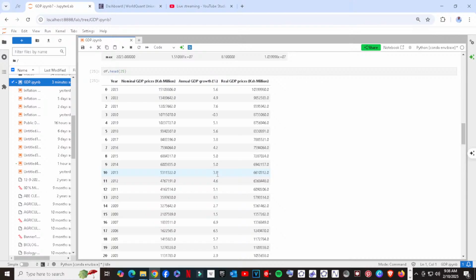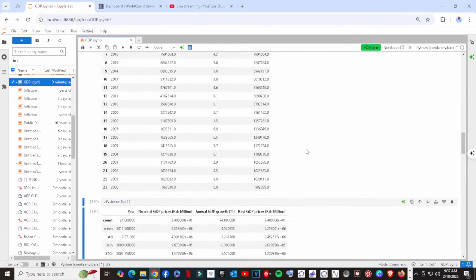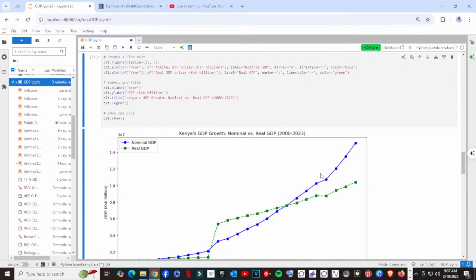Because now we are wondering why this is isolated, because from 2009 it moved from 2.7 to 8.1. That is a growth rate. Then it went again on a declining trend. But that's data. That's what the data tells us. So we have that. I think I have described it.